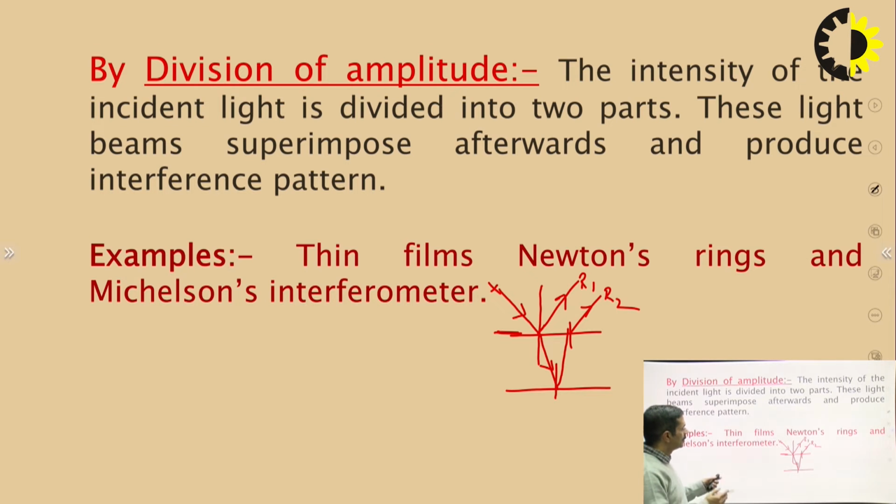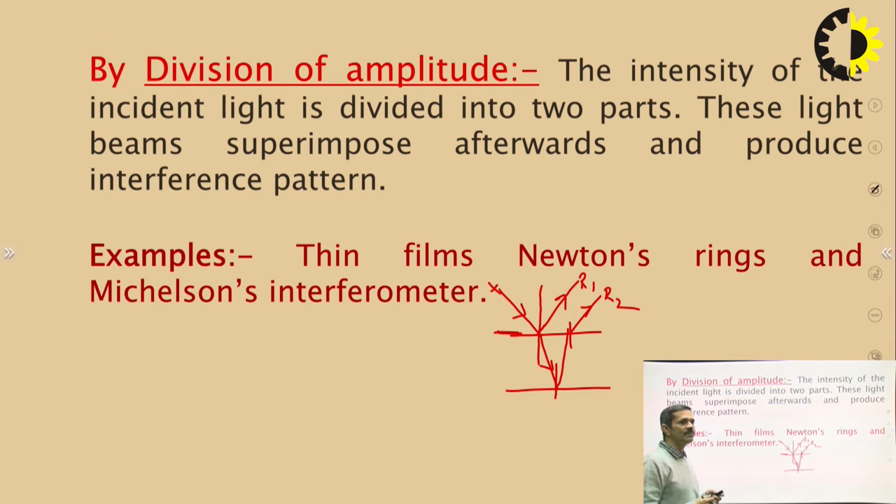So in this process, basically amplitude is divided. These R1 and R2 are basically parts of the single incident ray, so they work as virtual light sources. If they interfere in space, then we will have a stable pattern here.